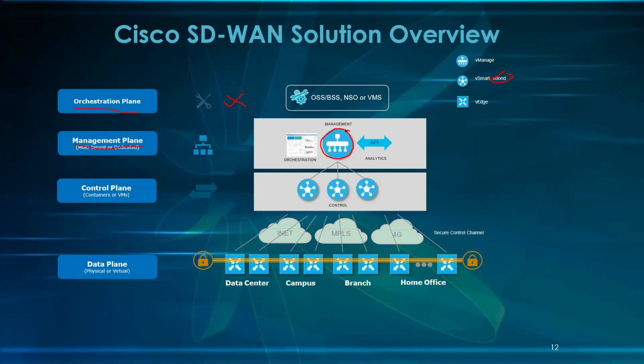Second, it provides you the central repository to do the configuration on all your devices from one place. So if you have 1,000 devices, you can configure all of those devices from this guy only.